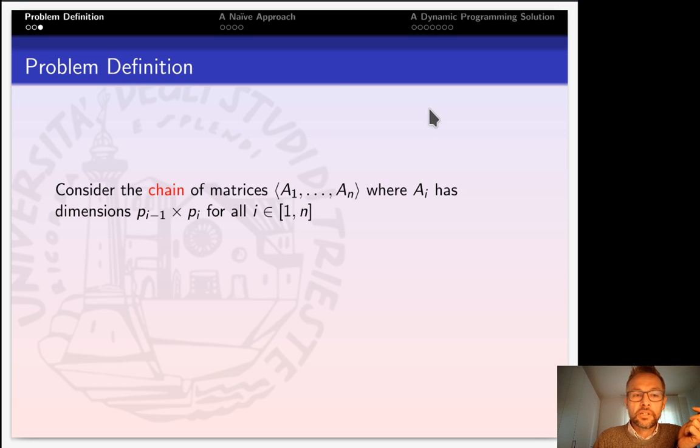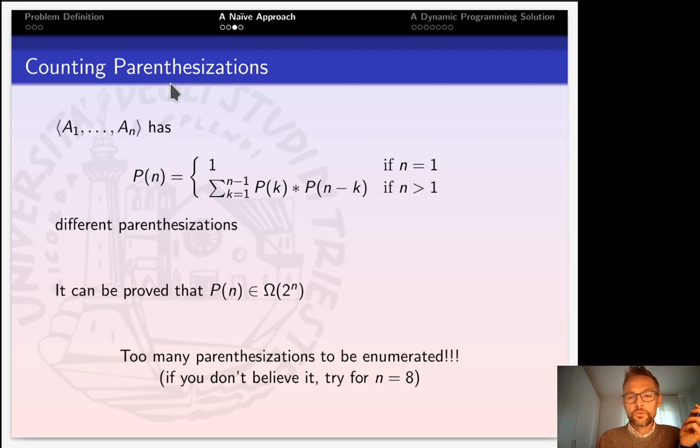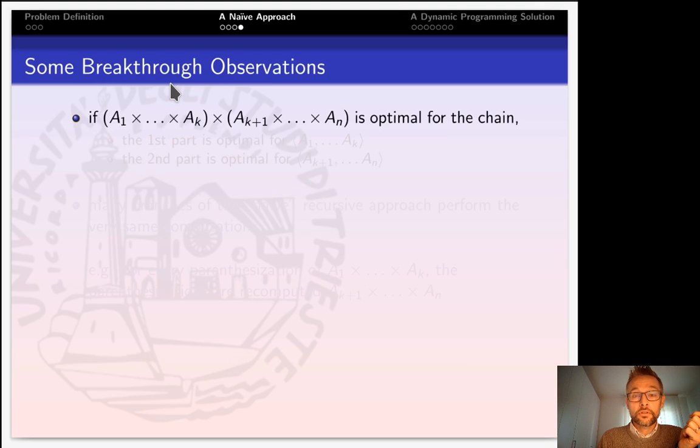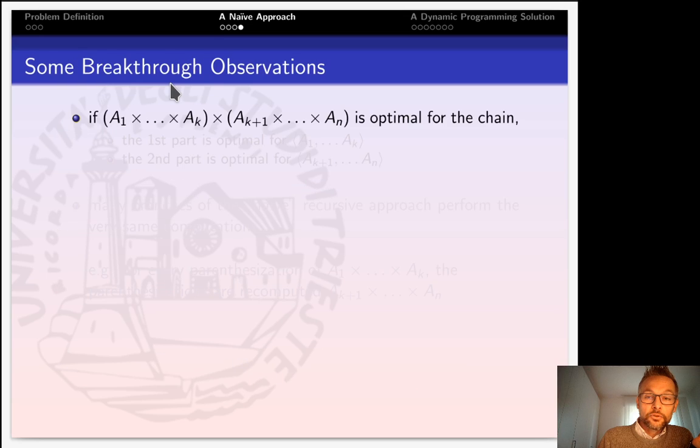Let me go to the slides. So how can we solve the problem? This is the naive approach we already saw on the whiteboard. To solve the problem, we have to observe two important things.